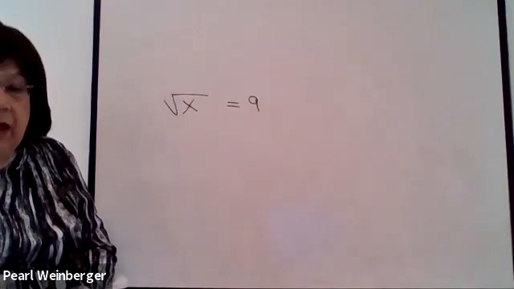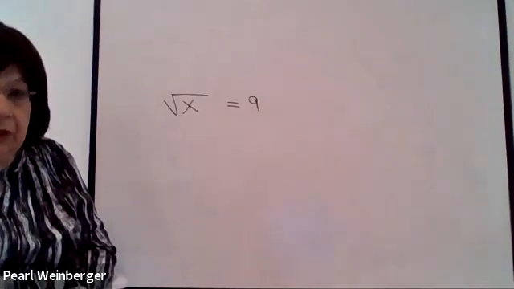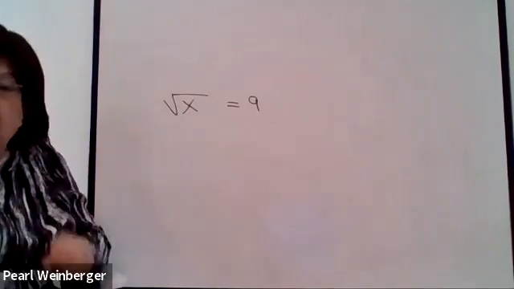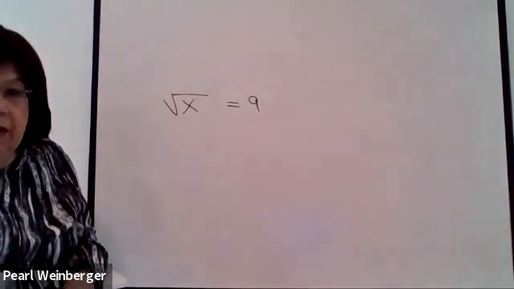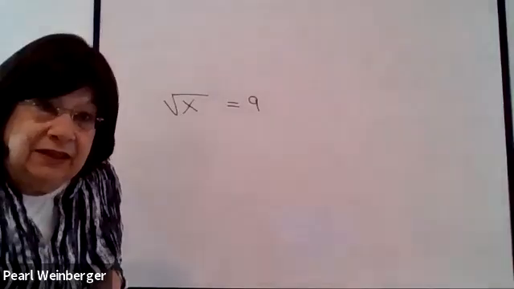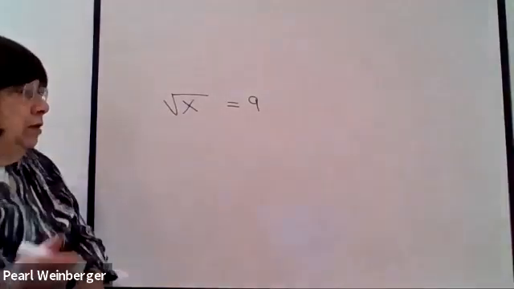Does anybody have any idea of what the answer should be? Just thinking about it without any method, can you think of an answer? I'm taking the square root of x and my answer is 81, yes. Why do you say it's 81? Because I know the square root of 81 is 9.